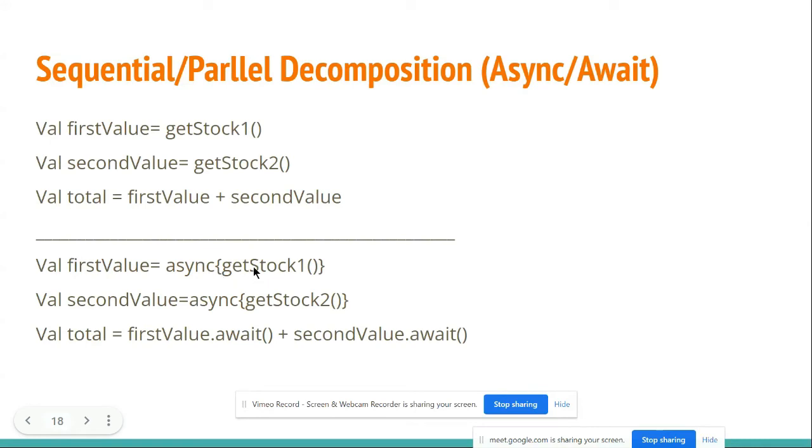It will take 10 seconds and 12 seconds, and we have to use await, then we will get the result in a total of 12 seconds only. Earlier we got the result in 22 seconds, and by using parallel decomposition we get the result in 12 seconds only.